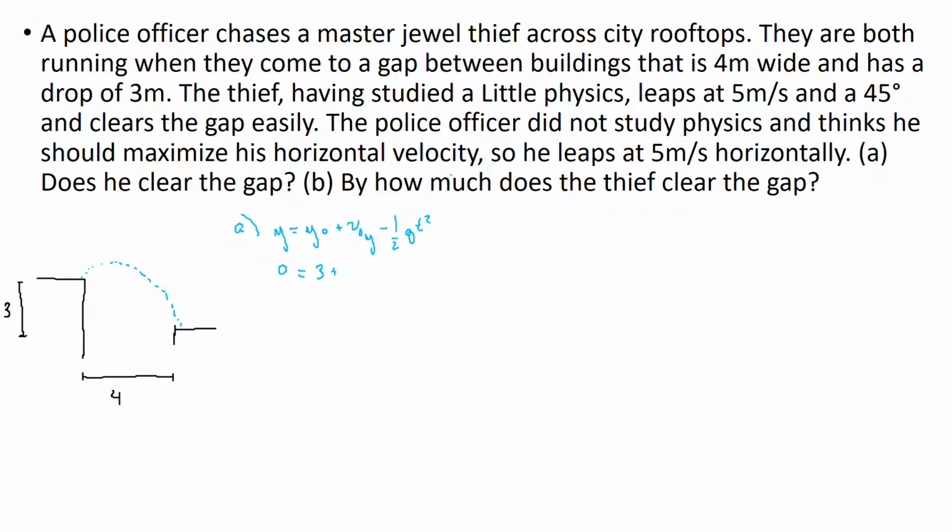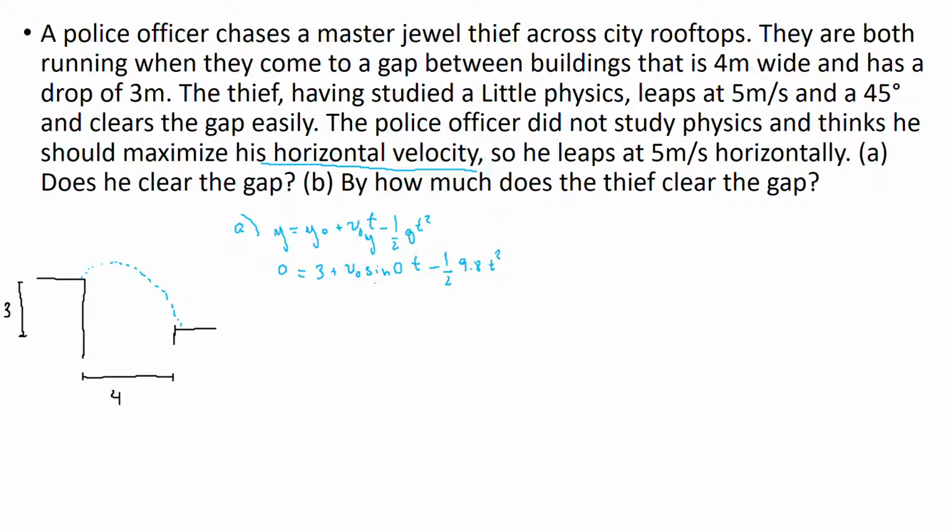The velocity, we're told this guy maximizes his horizontal velocity, so there's no angle here. It's going to be v0 sine of 0 times t. I forgot to write the t here. Minus a half of 9.81 t squared.